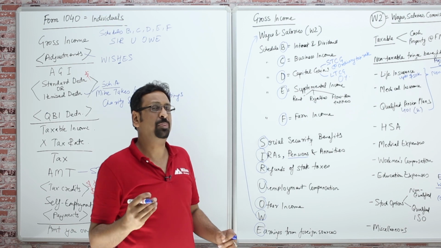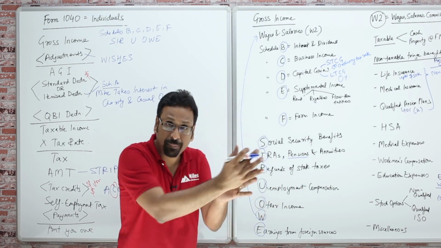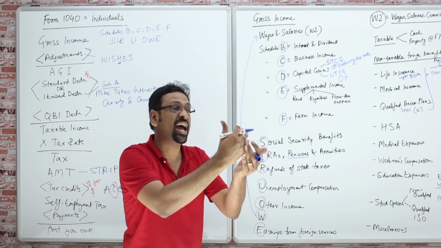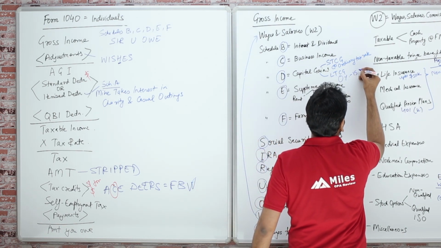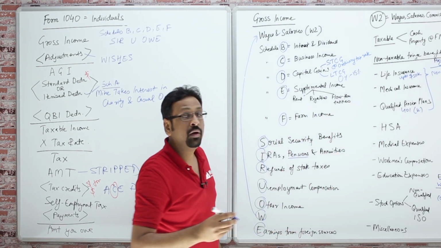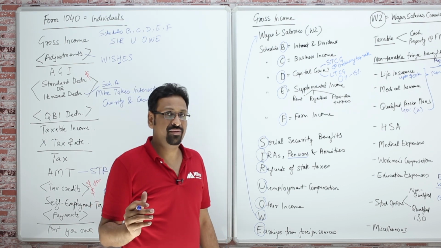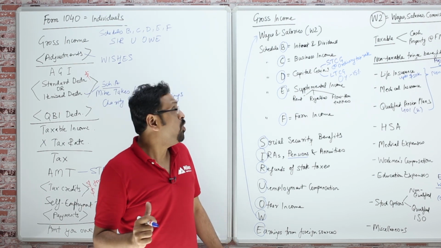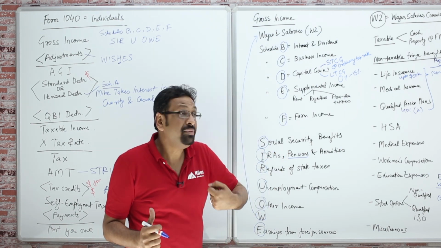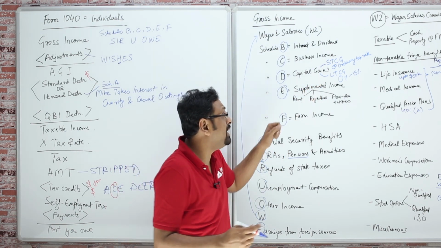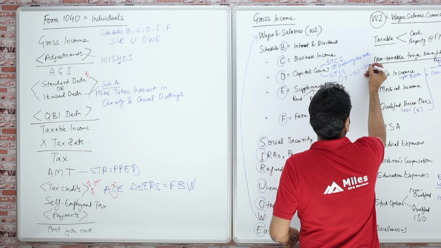For most taxpayers in the 20s and 30s tax brackets, it is 15%. For the rich guys, high income taxpayers in the 37% tax bracket, it is 20%.